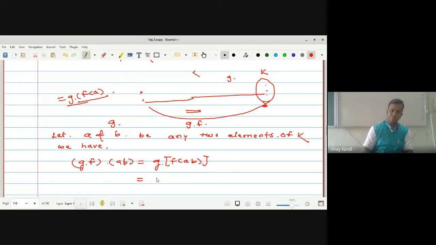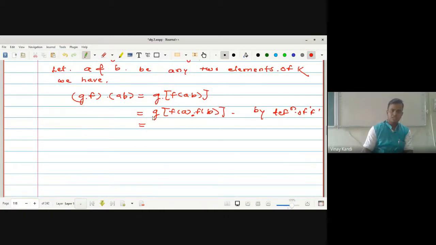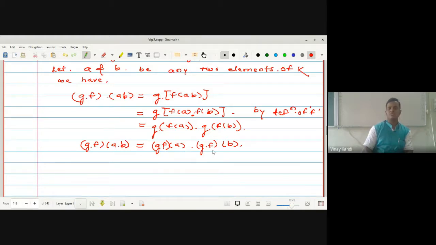But F is an automorphism, so we can write this as F of A into F of B. The reason is the definition of F. Now G is an automorphism, so G satisfies G of F of A into G of F of B. So this implies G into F of A and G into F of B. So G into F of A into B is equal to G into F of A into G into F of B.